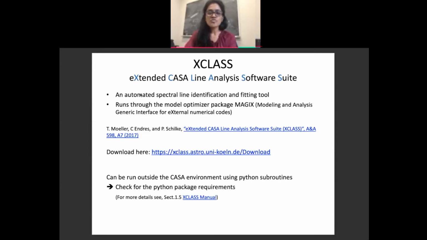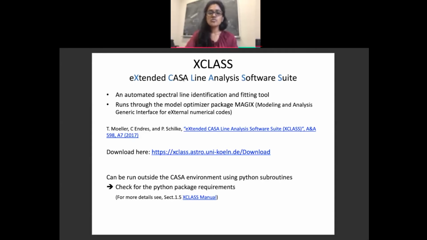So without further ado, X-class stands for the Extended CASA Line Analysis Software Suite. And as its name suggests, it runs within the CASA environment. And this toolbox was developed by the University of Cologne. Now, of course, X-class does run outside of CASA, which I'll get into in a minute. Now, the main aim of X-class is to automatically identify and fit astronomical spectra.